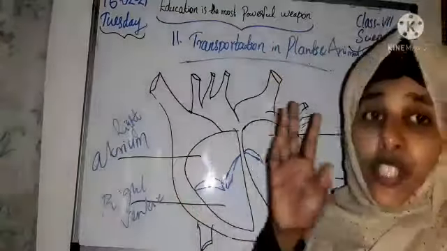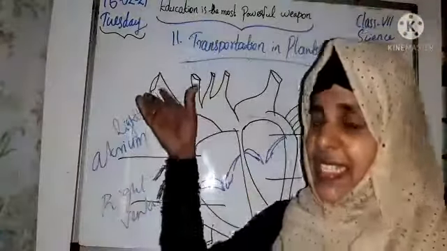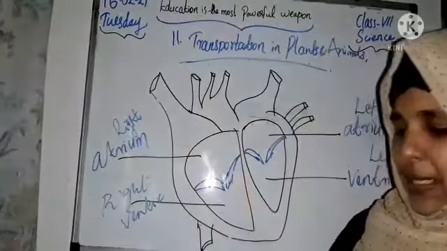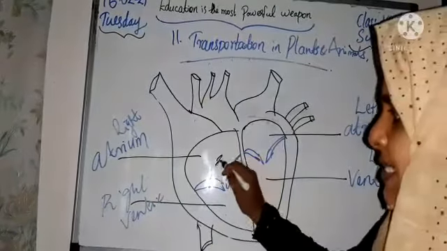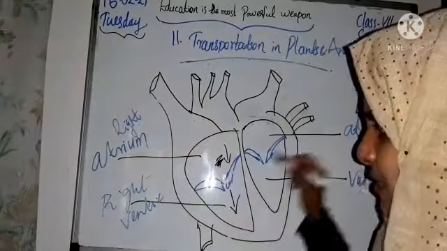Okay, so students, carbon dioxide rich blood from the body cells enters the right atrium, and it moves to the right ventricle.